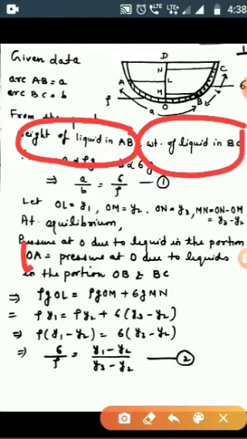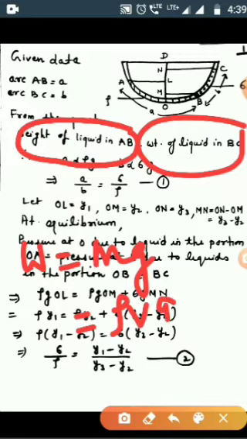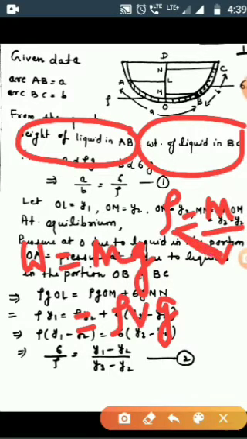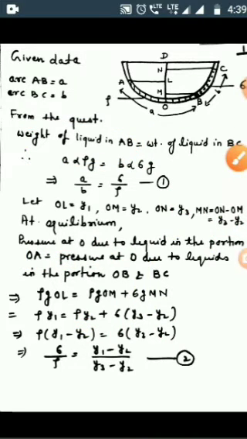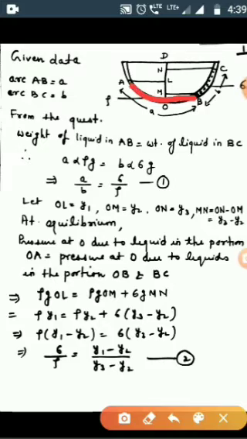Weight W is equal to mg, and m is equal to rho into V, because density equals m by V. So in the portion AB, the weight of the liquid must be equal to rho, volume of the liquid, and g.